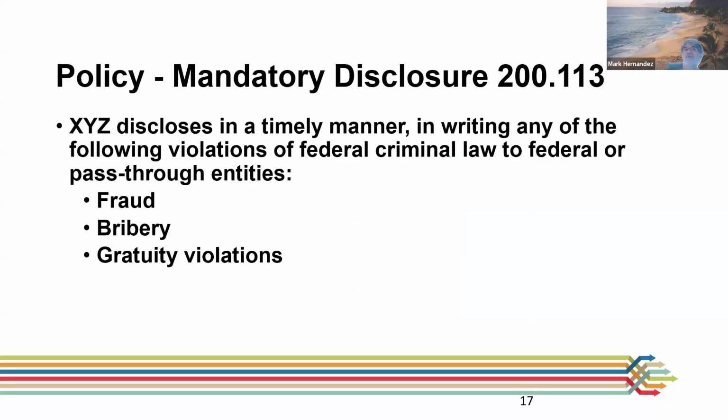Now, mandatory disclosure, this happens seldom, but when it does happen, it's very significant. A lot of it could be fraud, waste, and abuse, but it's really more fraud, bribery, gratuity violations, where somebody within that organization is getting something out of it that nonprofits shouldn't be providing.